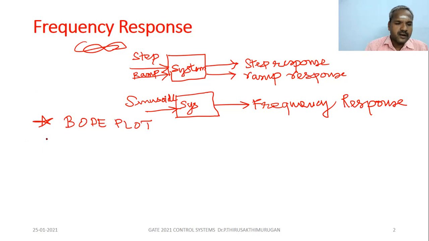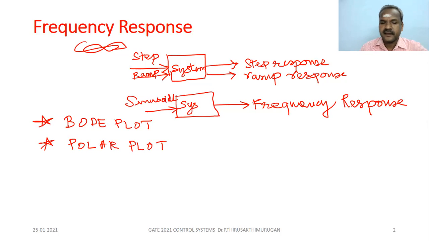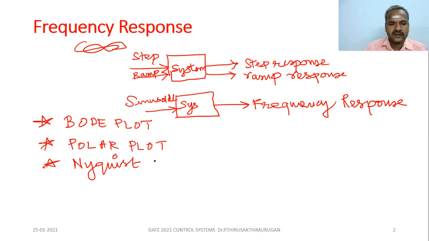Then the polar plot, then the Nyquist plot.